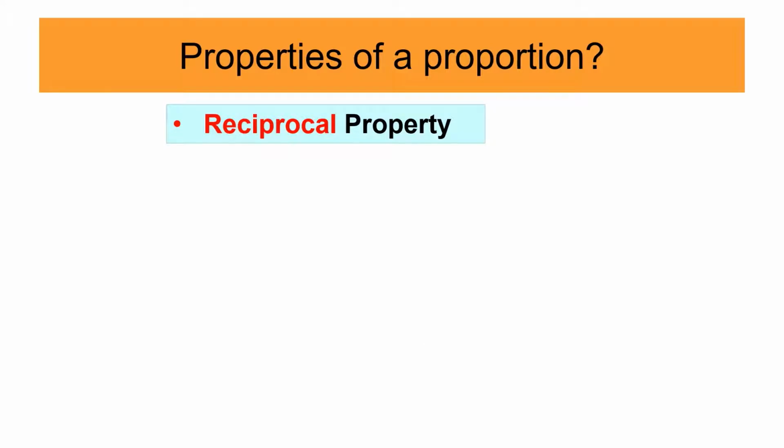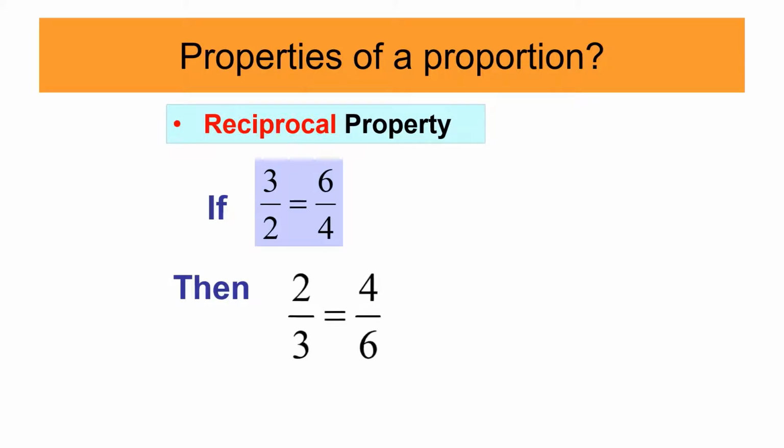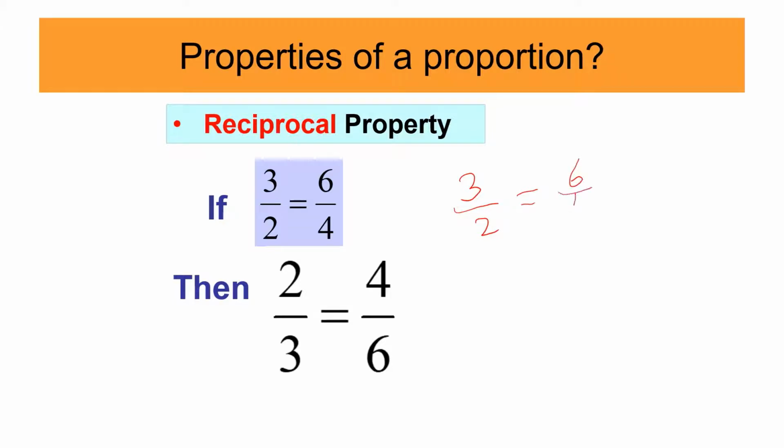Now we study the reciprocal property. If 3 by 2 equal to 6 by 4, then we can write 2 by 3 is equal to 4 by 6. For example, we can write 3 by 2 is equal to 6 by 4.